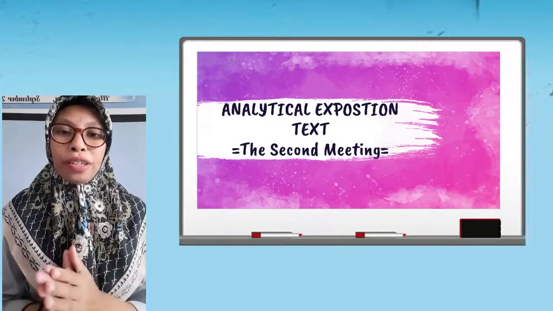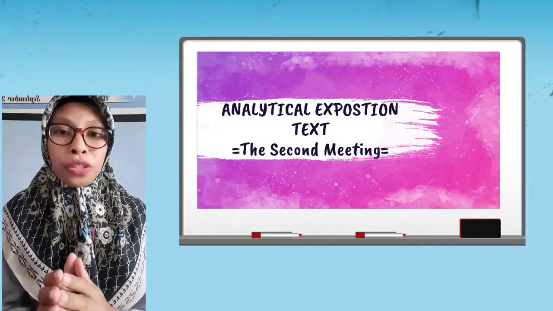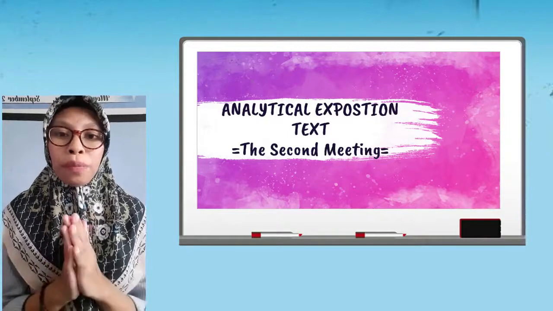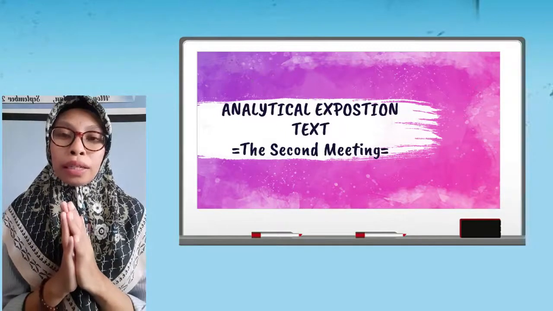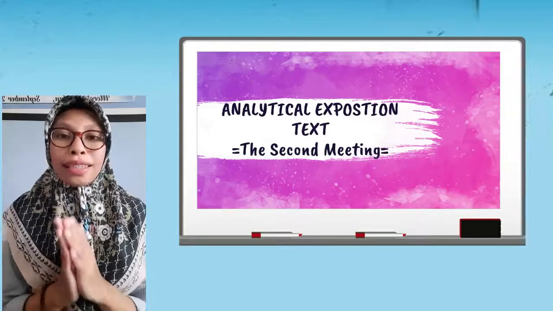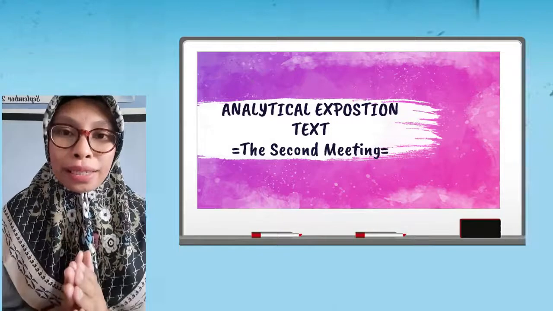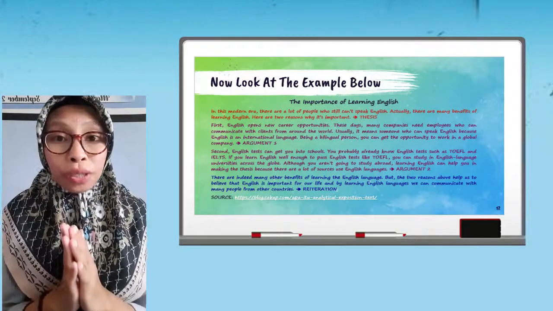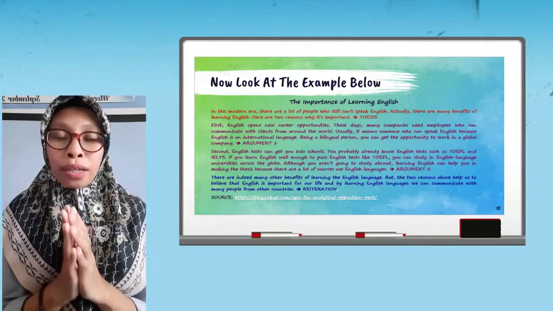You have watched the video about the generic structure of analytical exposition text. Now, to help you understand better, let's take a look at the example. On the screen you can see that I gave 3 different colors to each part of the generic structure.